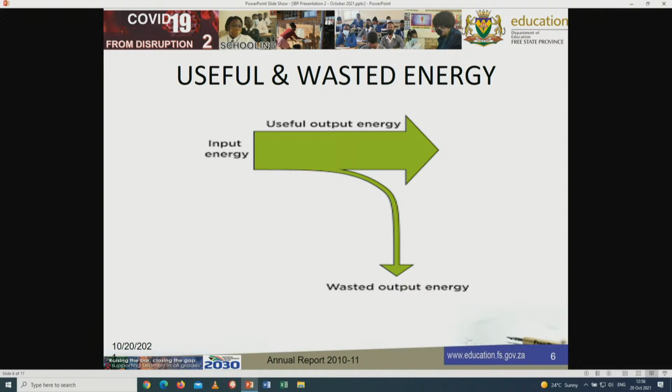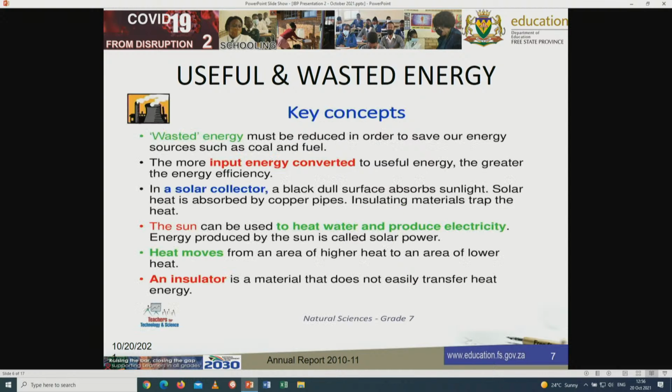But a smaller portion will be released to the environment as a wasted output energy that will be released to the environment.